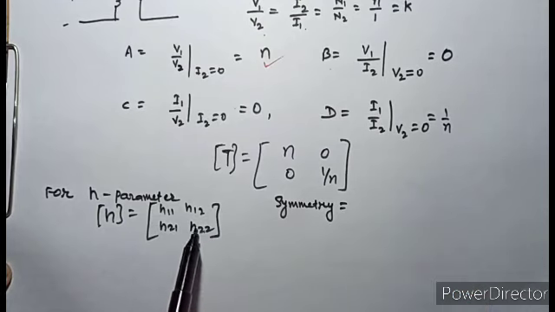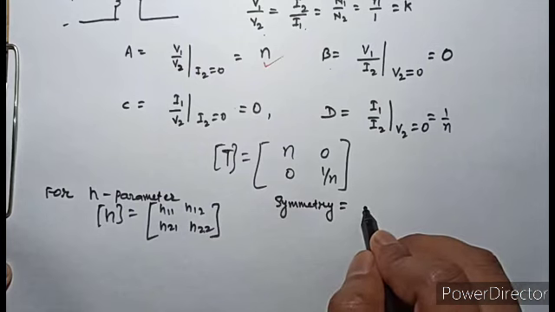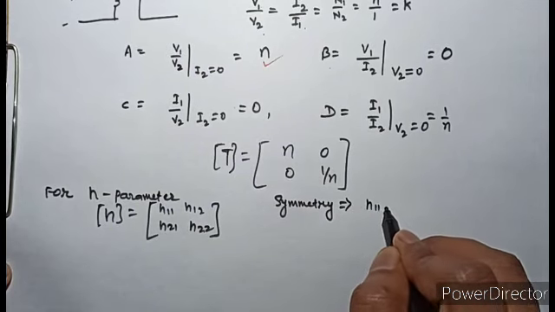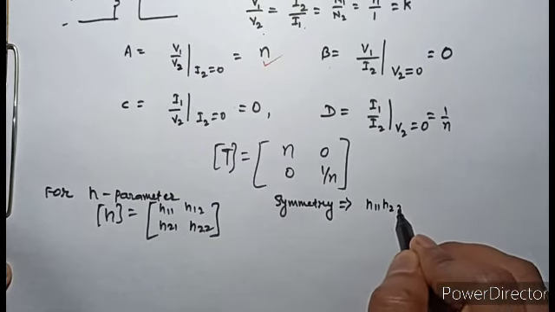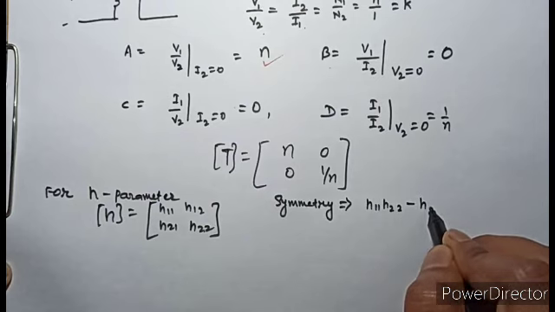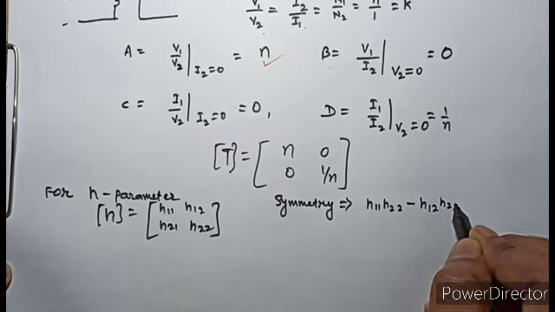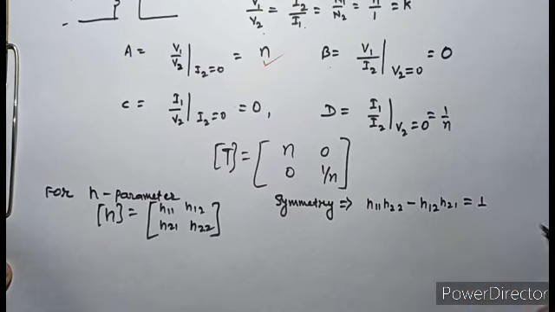Its determinant will be H11 into H22 minus H21 into H12, that is H11 into H22 minus H12 into H21. It should be equal to 1. This is the condition for symmetricity for H parameter.